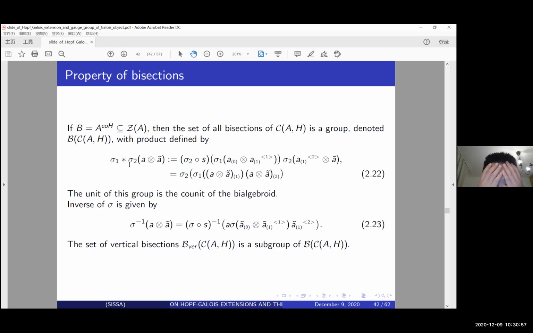But I cannot remember the detailed calculation. And also, in order to get sigma inverse to be the algebra map, we also need to require B belong to the center. Yeah, but I have slight logical objection to the way you reason.